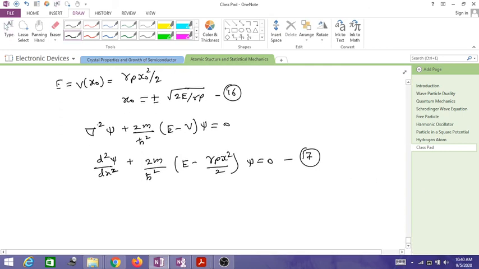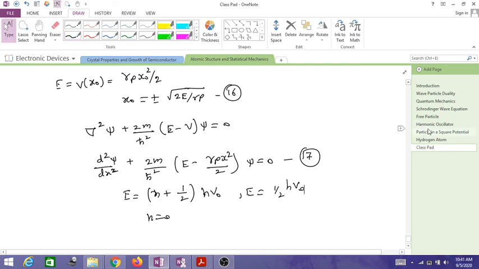If we solve this equation, we get an energy E which is equal to n plus half, h into v naught. So when n is equal to 0, even at the 0 energy state, what do we get? E is equal to half h v naught.